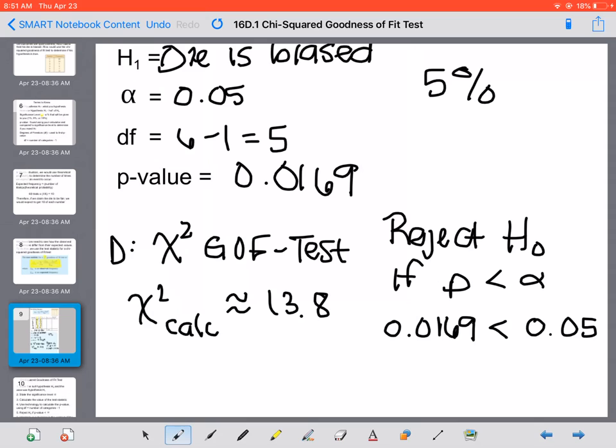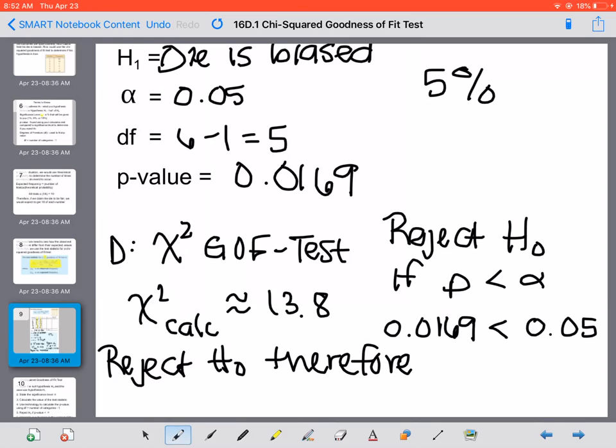So our p is less than alpha, which means that we are going to reject H sub 0, and therefore we can conclude that the die is biased, which is what Rico originally was saying about it, and so his thought on the die was correct.